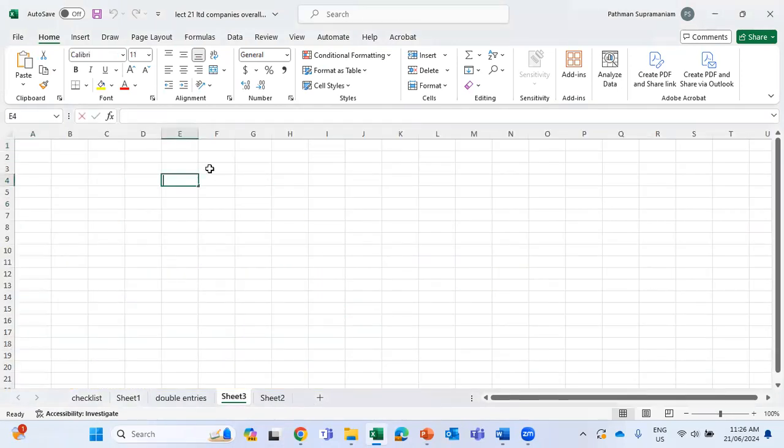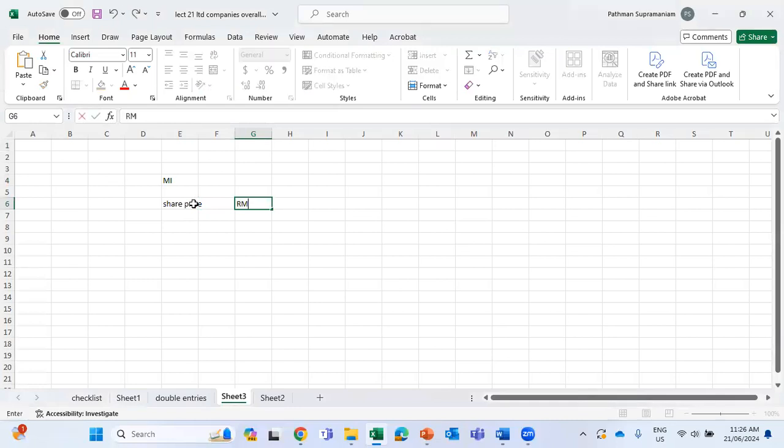This is a real company, MI Technovation. It's a tech company, called MI. Let's say the share price, now MI is going for about, I think, 2.67. I can't remember.